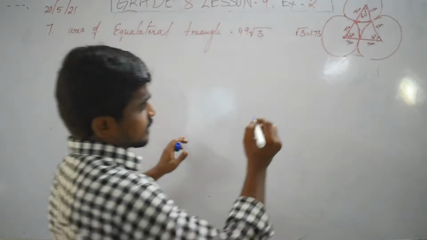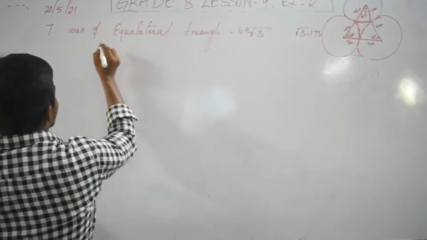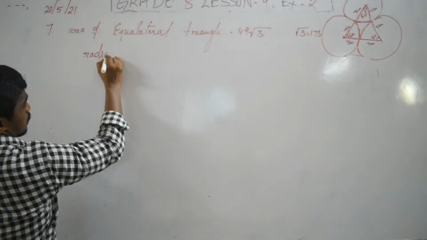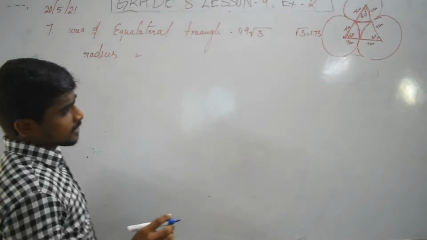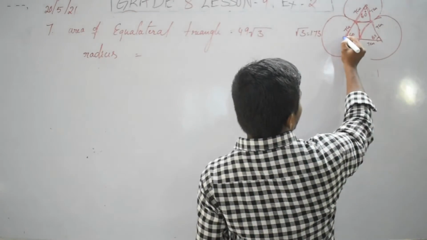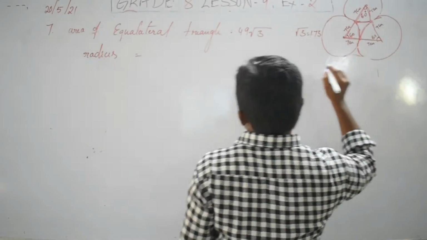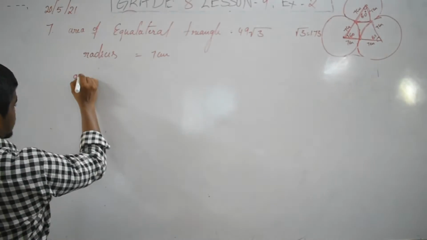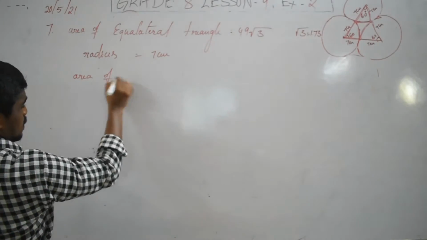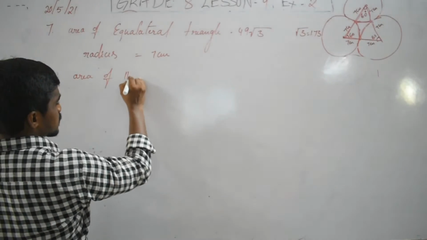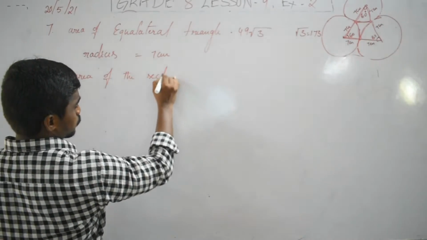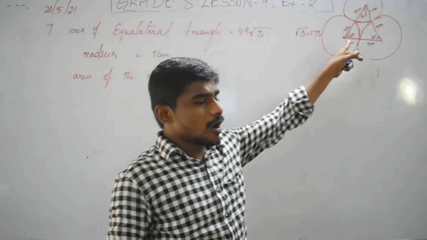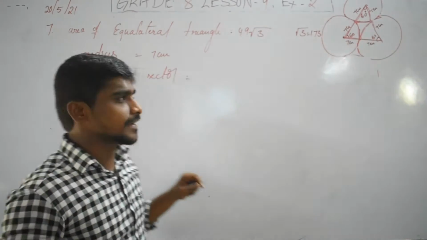Area of the sector. Here, the radius, how much is given? 7 centimeters. So the area of the sector. See, the angle given is how many degrees? 60 degrees.